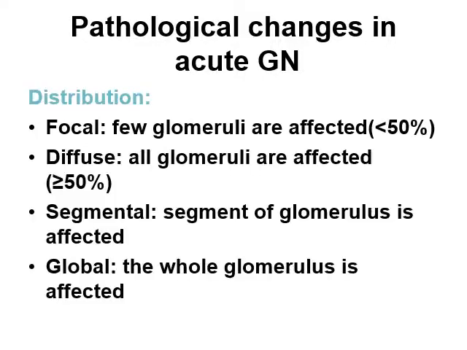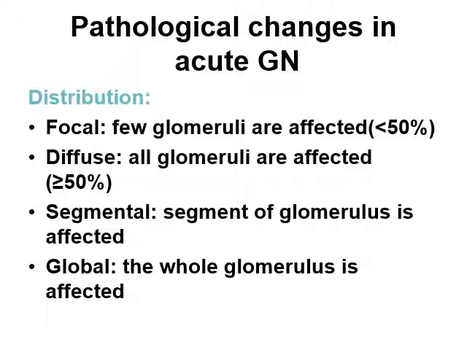In the distribution, we have to know these four terms: focal versus diffuse. Focal means few glomeruli are affected. Diffuse means that all glomeruli are affected. In more precise terms, focal is for less than 50% of the glomeruli, diffuse for more than or equal to 50% of glomeruli.